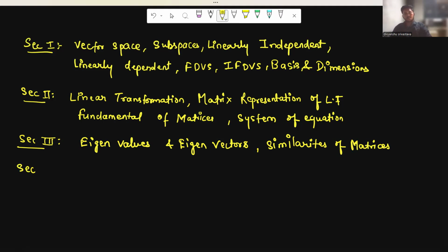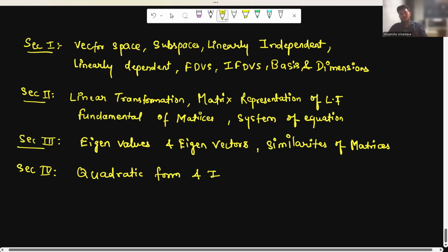And in section 4, that is quadratic form, and last is inner product space.